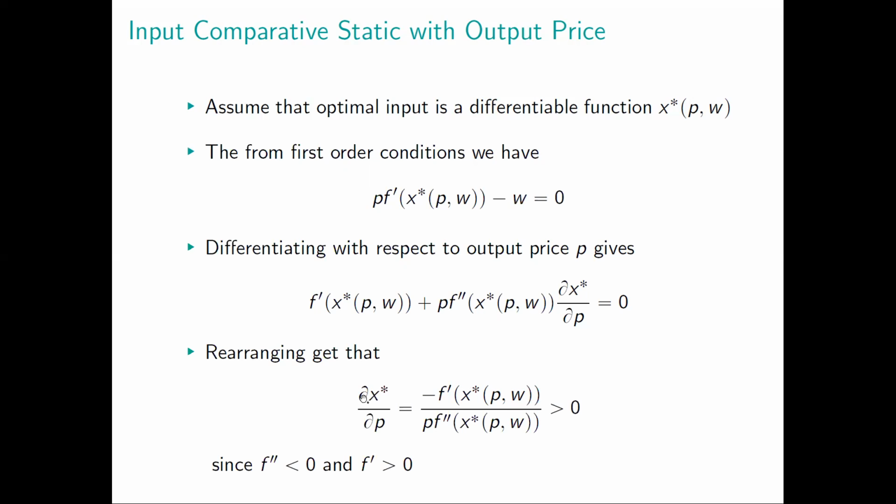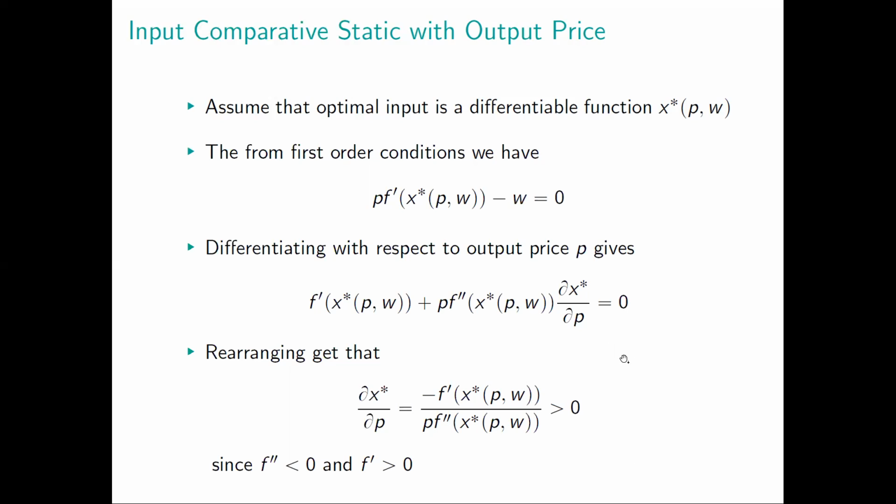And rearranging then, we'll get that the change in input with respect to the change in output price is given by this, which is strictly positive, since again, the second derivative is going to be strictly less than 0 in an optimum, and the first derivative of our production function will be strictly greater than 0 since these are monotonic increasing.